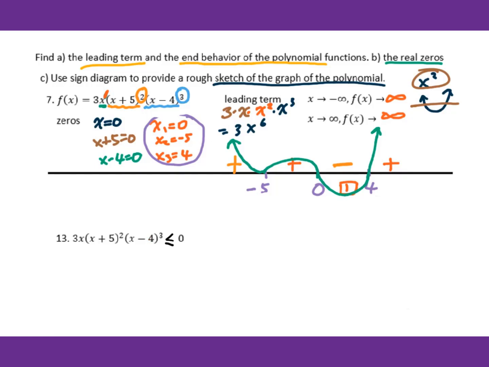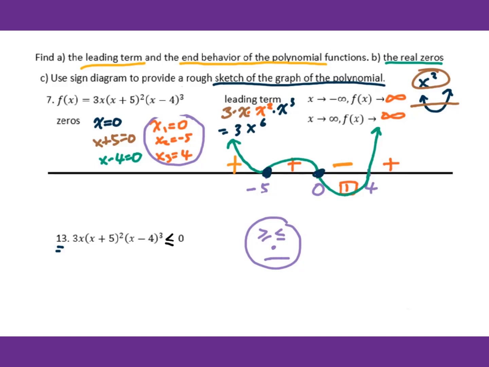Now, let's do number 13. For this polynomial, we set up an inequality less than or equal to 0. According to the angry face, we know that when you have a greater than or equal to or less than or equal to, when you have an equal sign, this is a closed circle.